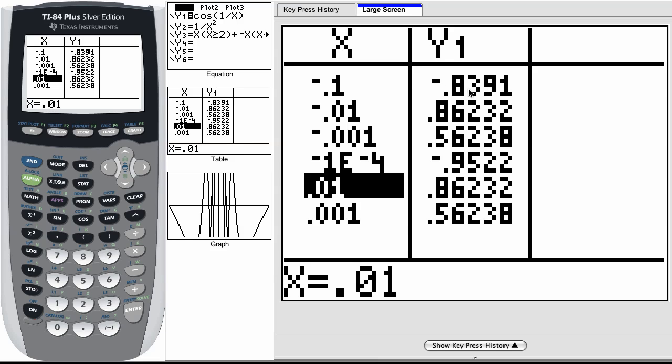So it doesn't look like we're getting close to any particular number. It's just kind of bouncing all around, oscillating back and forth. If we did the same thing on the positive side, we would get similar results. I'll leave that up to you to do because we're running out of time on this video.